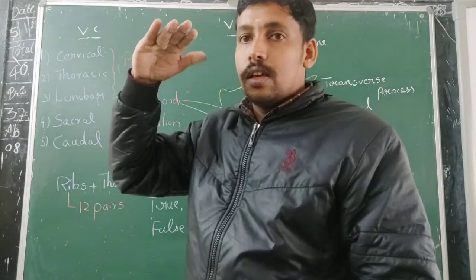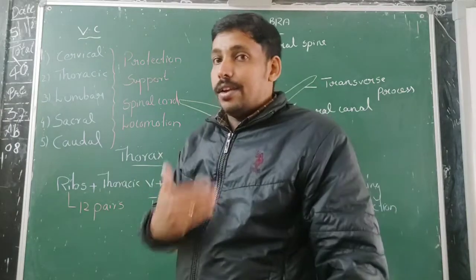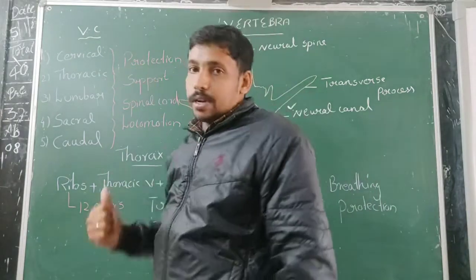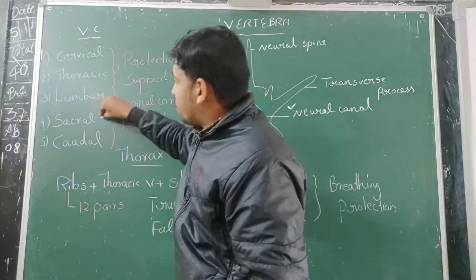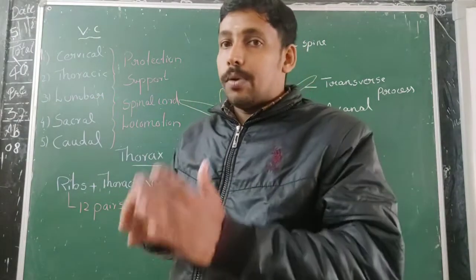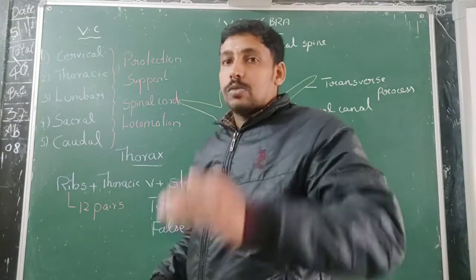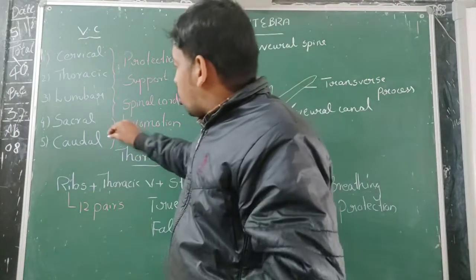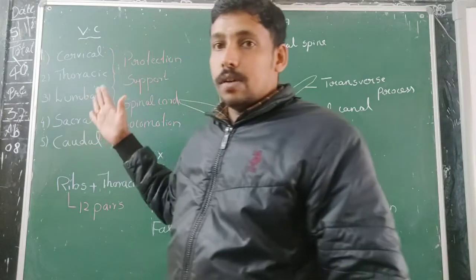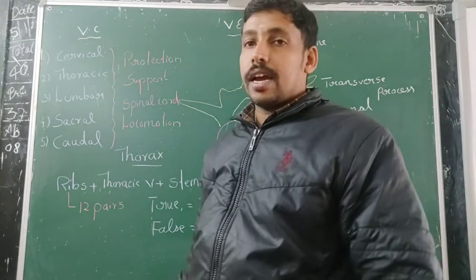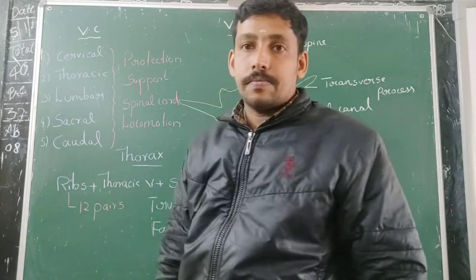Then coming to the abdomen, the belly region, the lumbar vertebrae. Just below the lumbar vertebrae, in the hip region, we see the sacral vertebrae. Then the last portion is known as the caudal vertebrae. So there are 5 regions: cervical, thoracic, lumbar, sacral, and caudal. All these terms are very important.